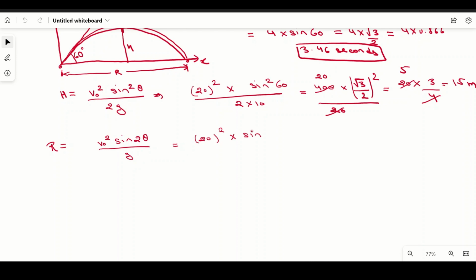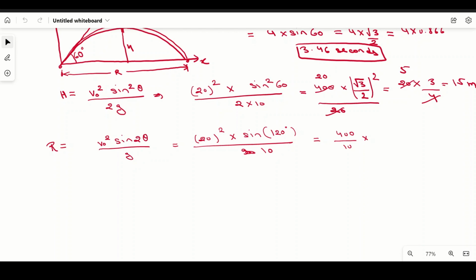Theta is 60, so 2 theta is 2 into 60, which is 120 degree, divided by g, which is 9.8 or 10. So it will be 400 divided by 10 into sine 120.